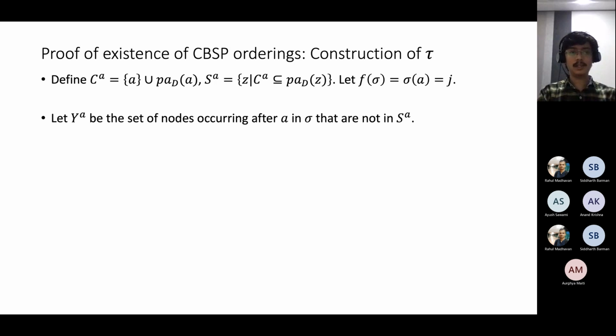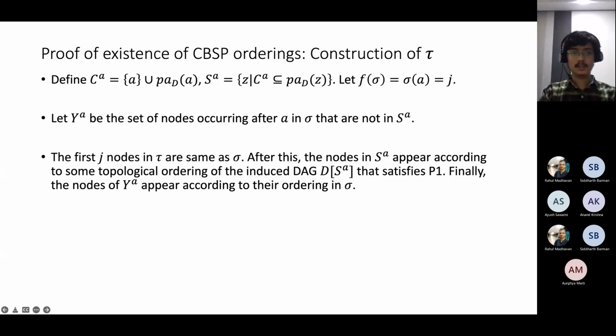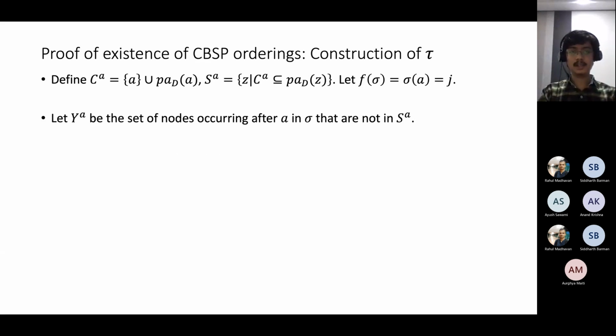Let YA be the set of nodes that are after A in sigma, but not in the set SA. Now I'll show how to construct this tau.